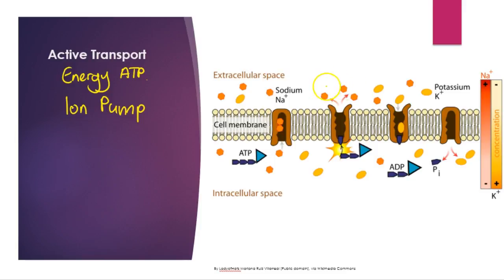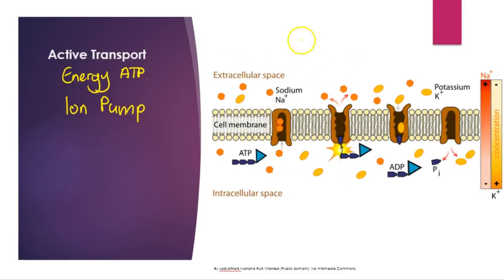Now notice here that it spat out 3 sodium, but it only let 2 potassiums back through. This pump is actually set up so that more sodium will go out than potassium comes in. And as it quickly spits these in and out, it's setting up a concentration gradient here.